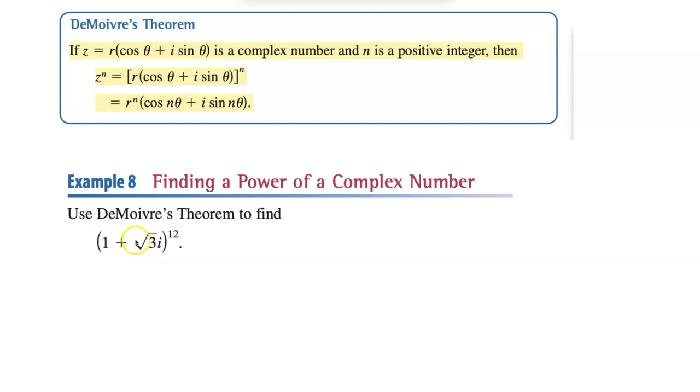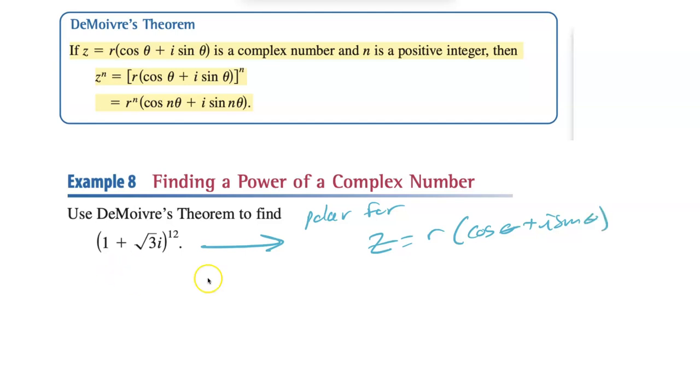So if I wanted to find 1 plus rad 3 i to the 12th, by hand, it'll take me forever. Like, we don't hate that. So what we're going to do is make this into polar or trigonometric form, because taking the power there is so much easier using De Moivre's theorem.